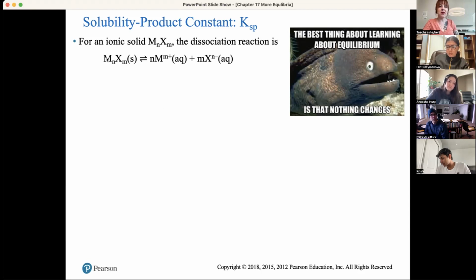So if I have a metal and a non-metal coming together, right? We put them together with their charge. So if I have calcium and fluoride, how many calciums and how many fluorides would I need to make calcium fluoride the compound?